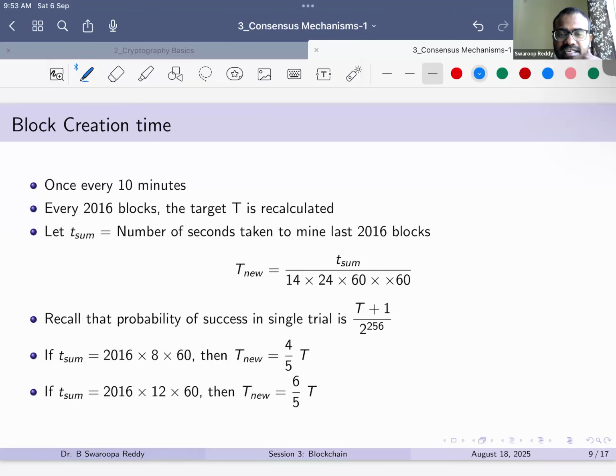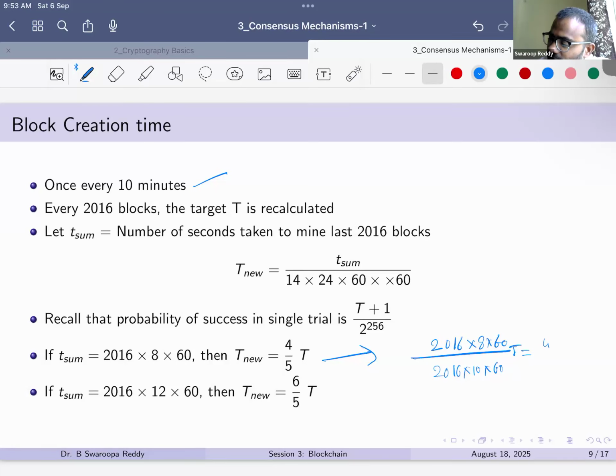For example, if it is 8 seconds, then it will be 2016 into 8 into 60, but the actual decided value is 10 minutes, right? So 2016 into 10 into 60 of t value.